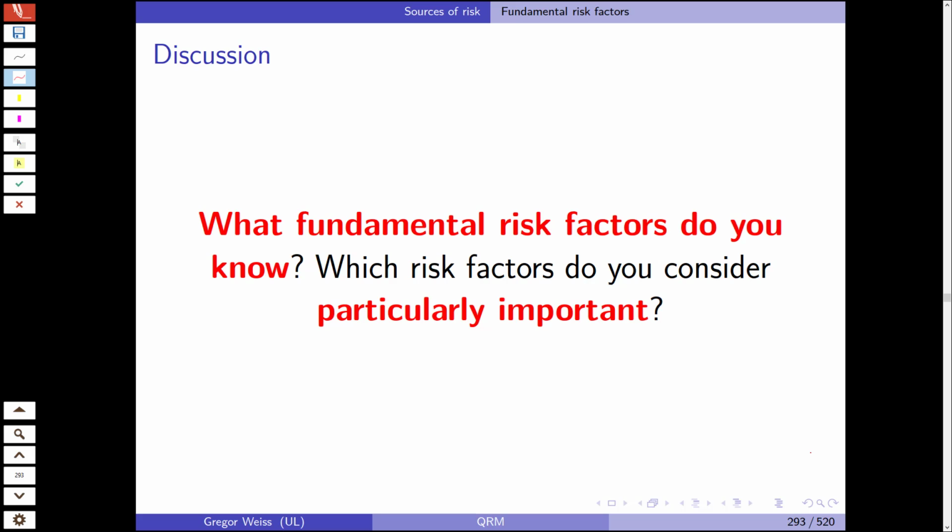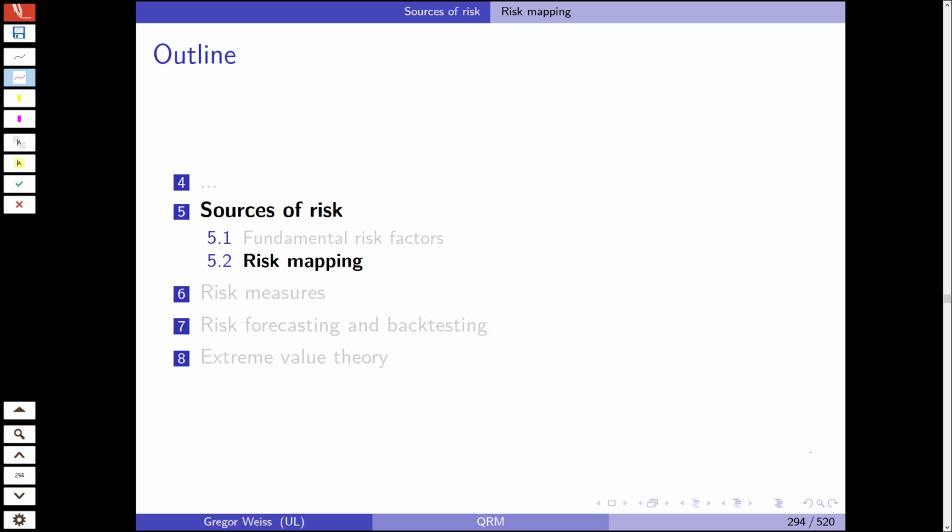Obviously the company-specific, idiosyncratic risk factors. If you're looking at financial instruments, most of the time they are linked to one company. Political decisions will also have an influence, but obviously the most important ones are company specific, and later on some macroeconomic factors might also play a role.